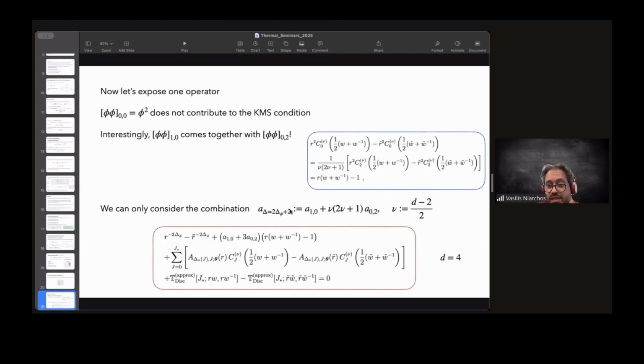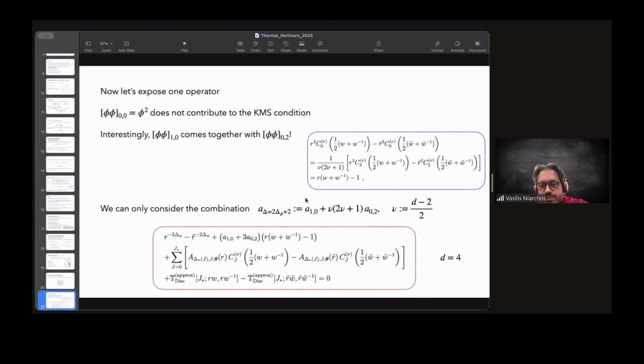So in this particular case, and only in this particular case, although we're not working at zero spatial separation, the only coefficient from these two that we can determine is this combination, which is exactly the same spin-averaged one that you have for this particular dimension in the zero spatial separation case.